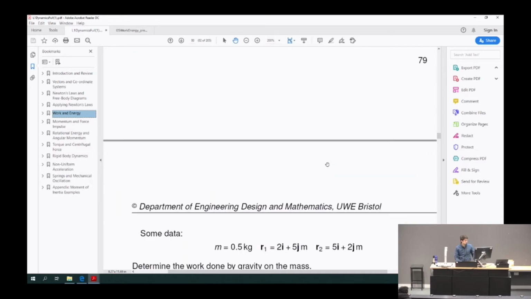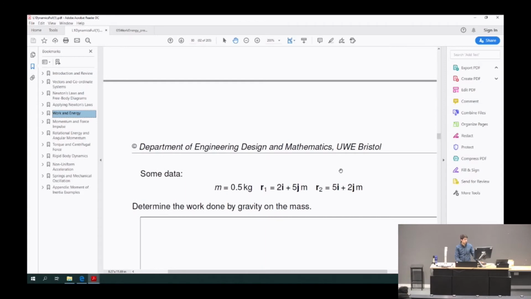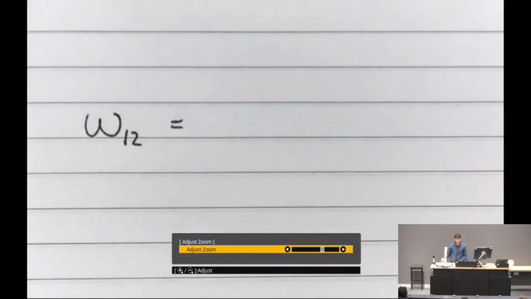We now want you to calculate the work done by gravity on the mass. The mass is half a kilogram, and we give you the two position vectors. The question is, determine the work done by gravity on the mass.